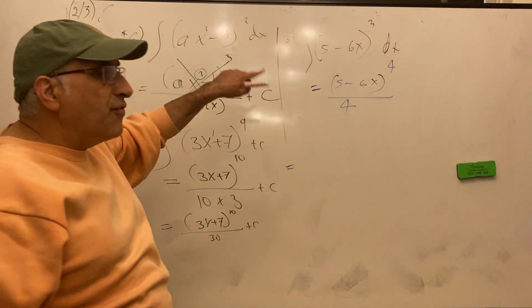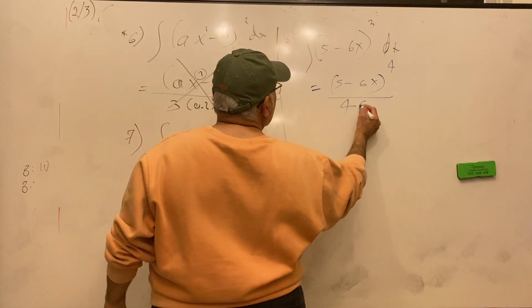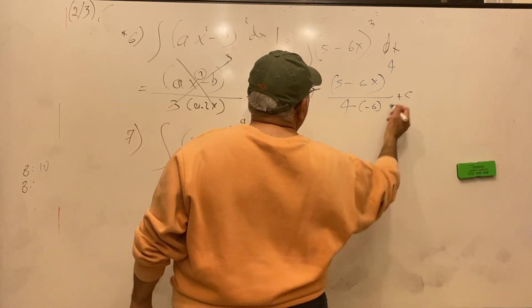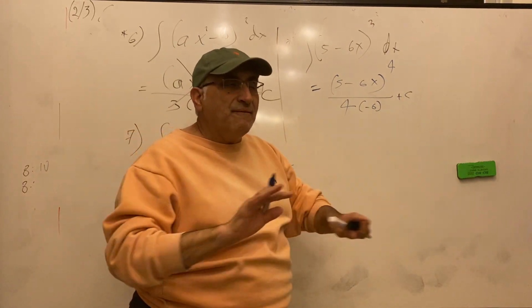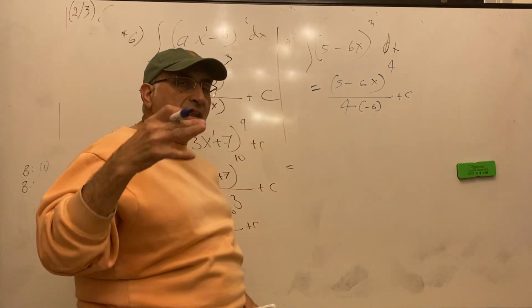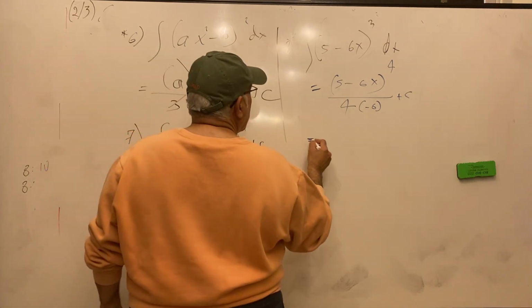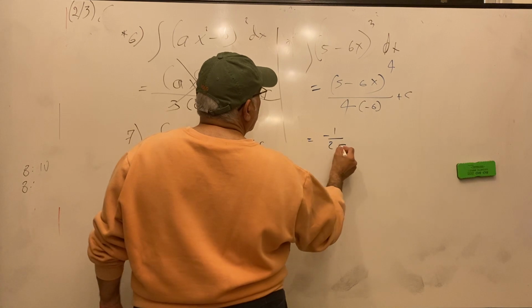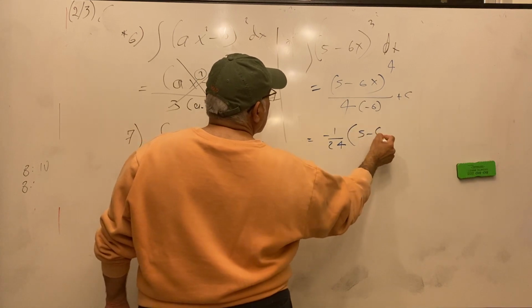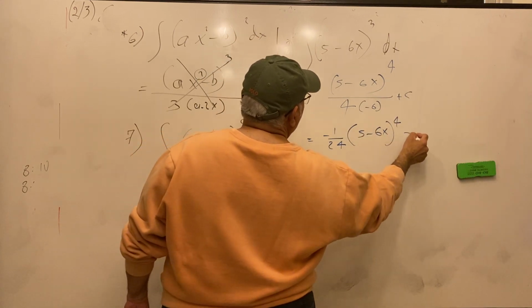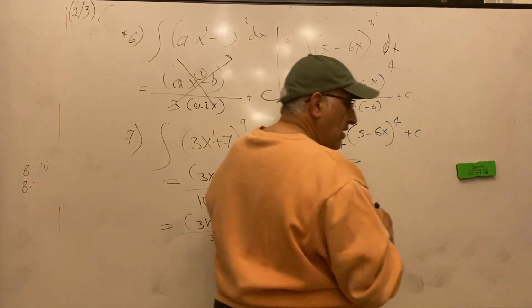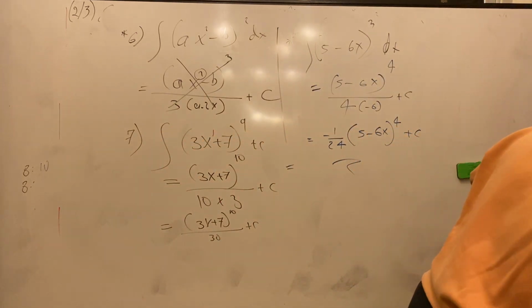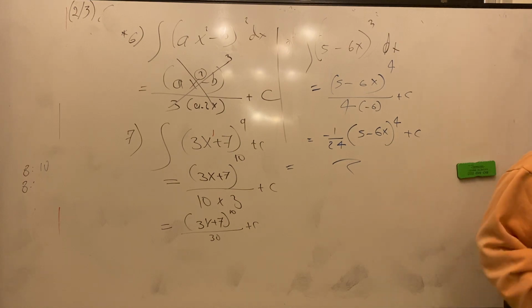And what's the derivative of the inside? 5 is 0, negative 6. The minute you put x here, it's invalid. Very higher level than what we need. So simply what we have here, minus 1 over 24, and it's 5 minus 6x to the power 4 plus c. That's the best thing you can go for if you really have a problem with anything else.